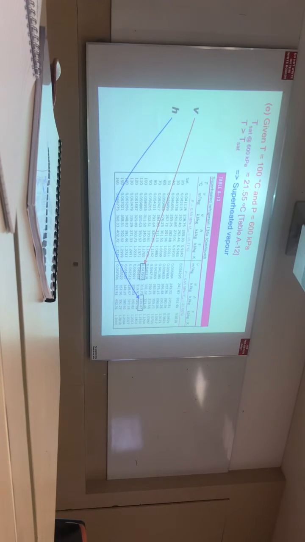temperature is 100 degrees Celsius and pressure is 600 kilopascal. At 600 kilopascal, saturation temperature is 21.55. So the given temperature 100 is higher than 21.55. So superheated vapor. So what is the pressure? 600 kilopascal or 0.6 megapascal, and temperature is 100.